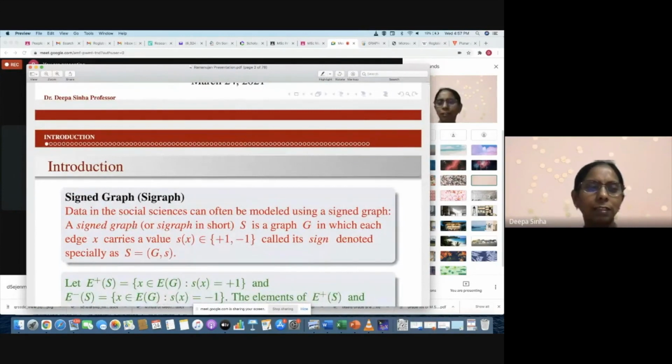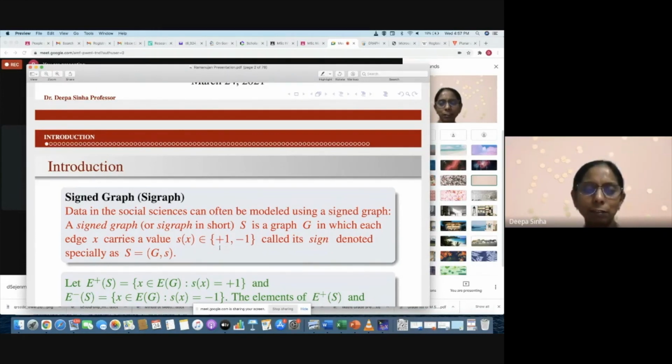What is a sign graph? All the data in the social sciences can be modeled by using a sign graph. A sign graph, in short denoted by capital S, is a graph G in which each edge x carries a value s(x), which is either plus 1 or minus 1.